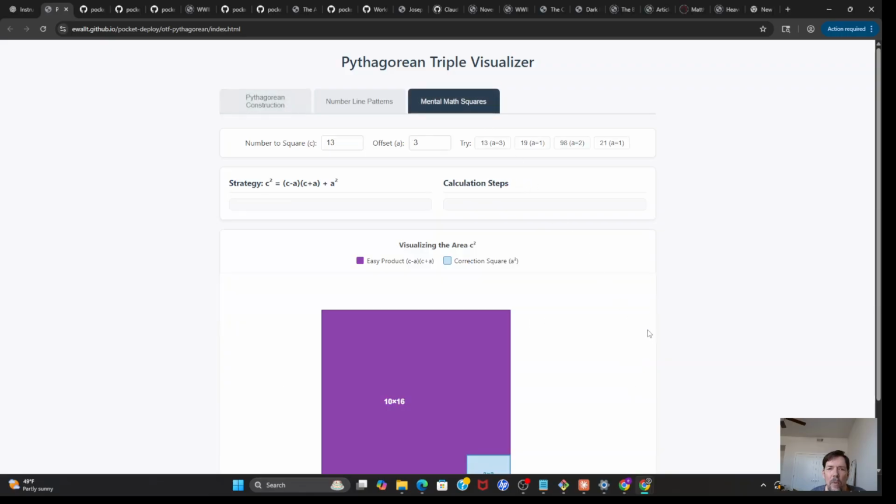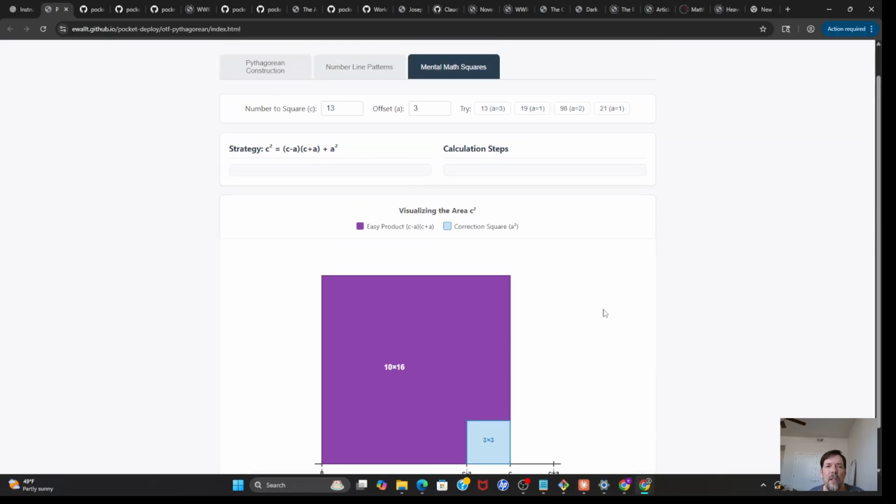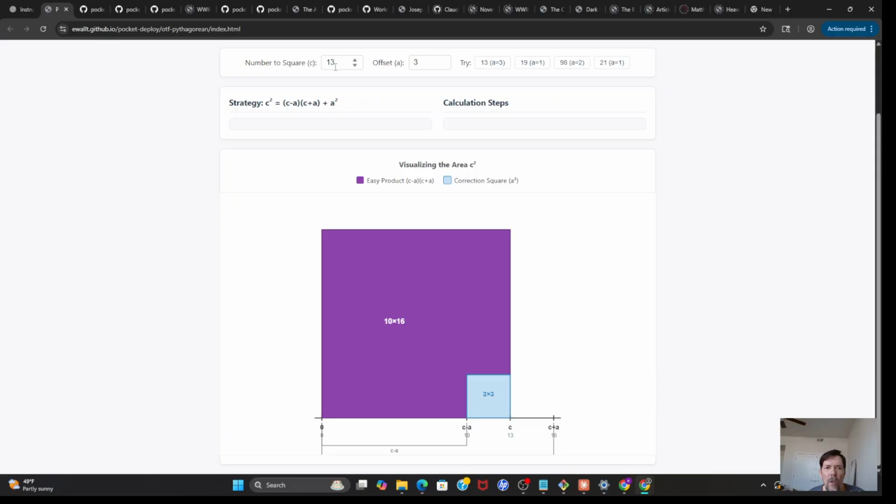Finally, one last application of this number line idea. This is the exact same visual representation that we just saw, but I'm doing a different application here. The application is to do mental math of squares. So I'll explain this. Let's say I want to know what 13 squared is.